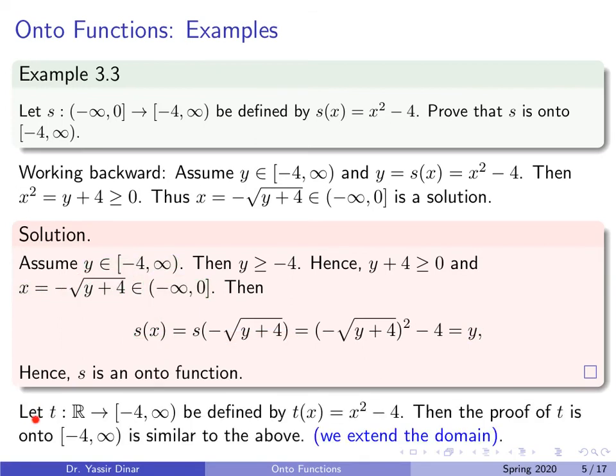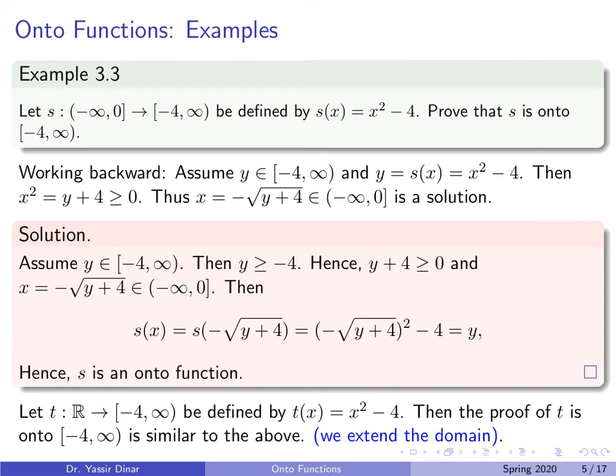Notice that if we define another function T from the set of real numbers to the interval minus 4 to infinity by the same formula, T of x equal to x squared minus 4, the same formula as in the example above, then the proof that T is onto will be similar to the above proof. In other words, if you have an onto function and you extend the domain, the function still will be onto.